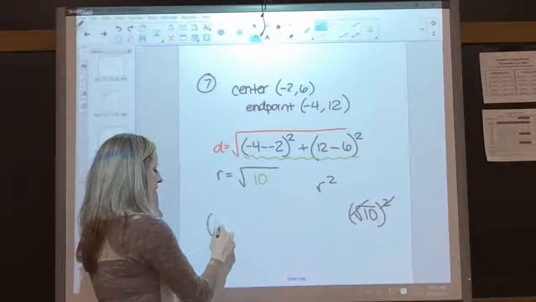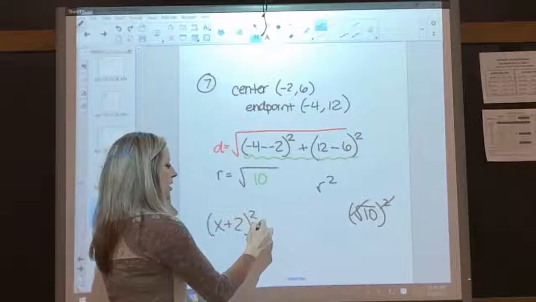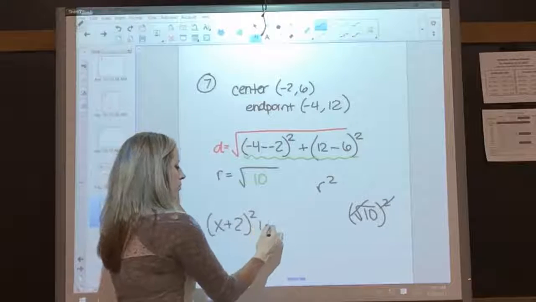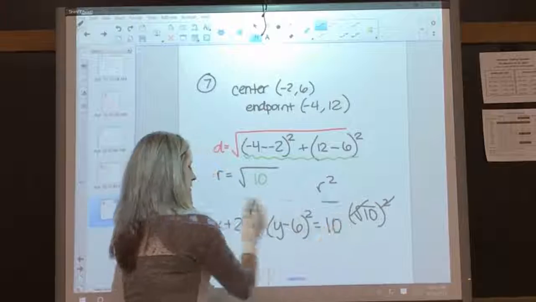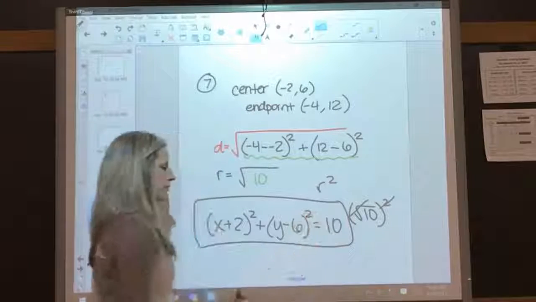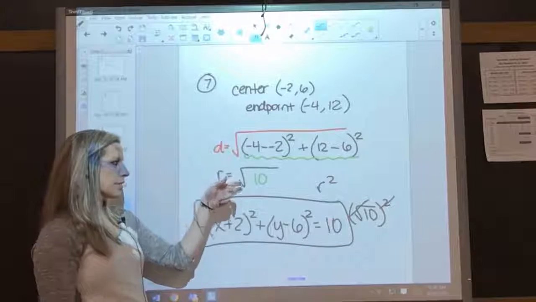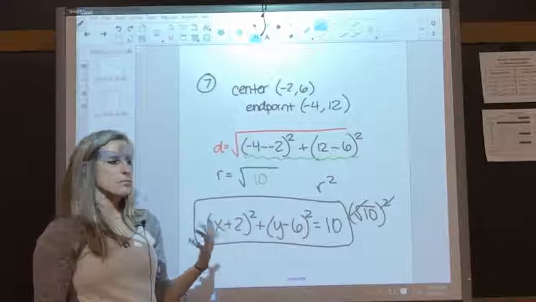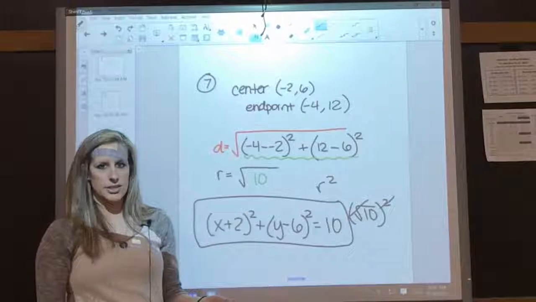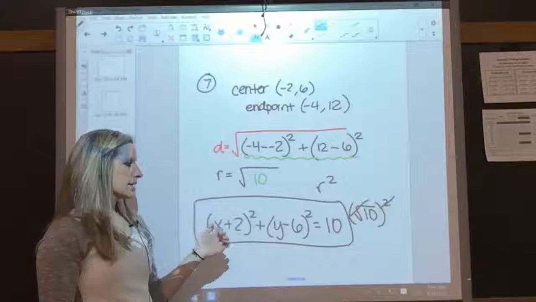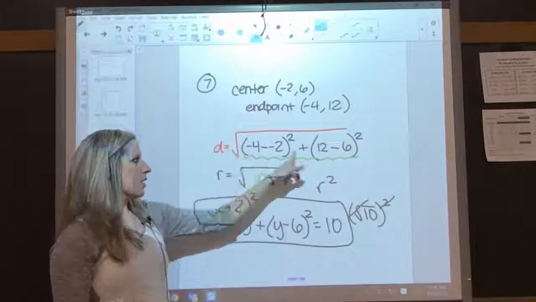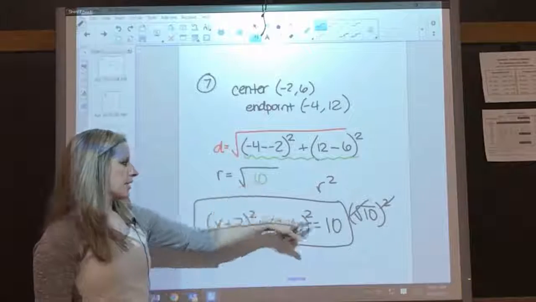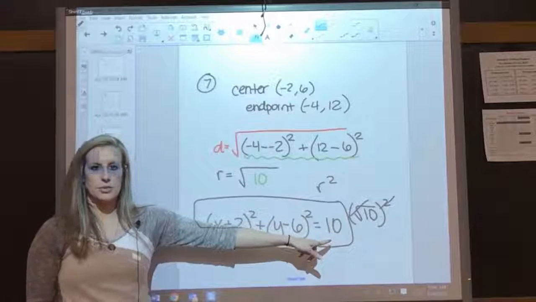So x plus 2 squared, I'm using the center here, plus y minus 6 squared equals 10. So if you square rooted it, that's fine, but it just makes it an extra step. Because if I'm writing the equation, I want r squared. So I'm going to figure out what's underneath the radical, and that's going to be what my equation equals.